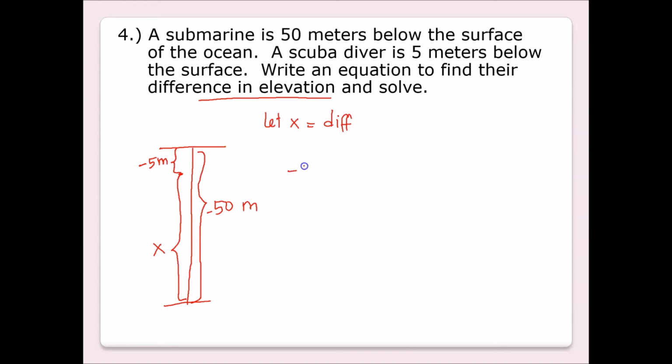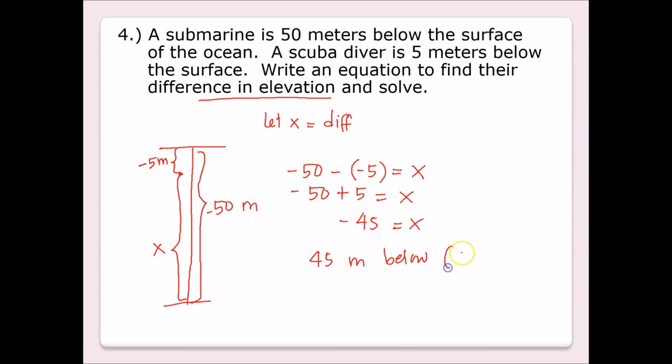So that will be negative 50 minus negative 5 is equal to x. And then we proceed. Negative 50, minus and a minus will give us plus 5, is equal to x. Negative 50 plus 5 is negative 45. What does it mean again by negative? It's below. So meaning the difference is 45 meters below the surface of the ocean.